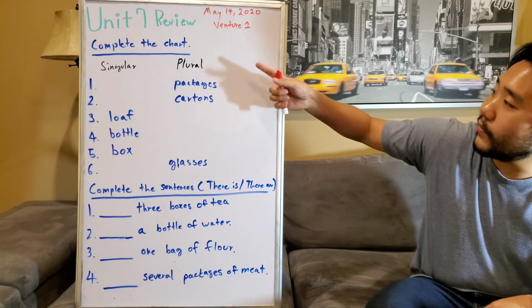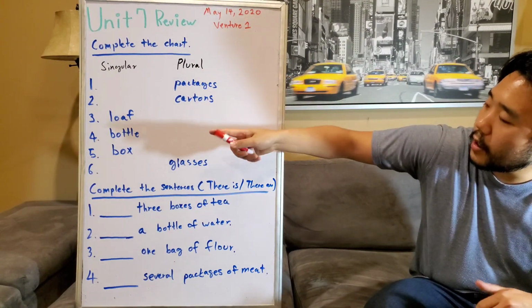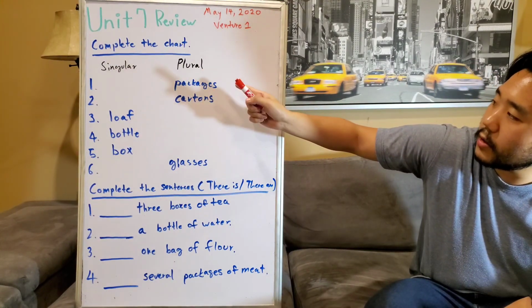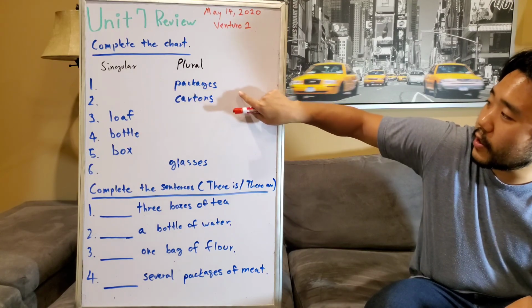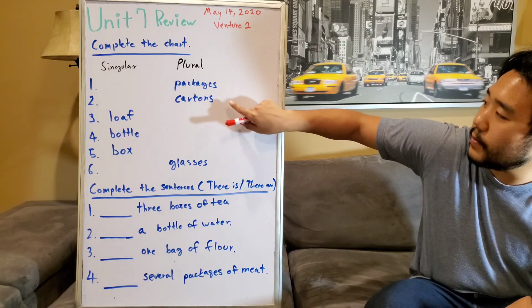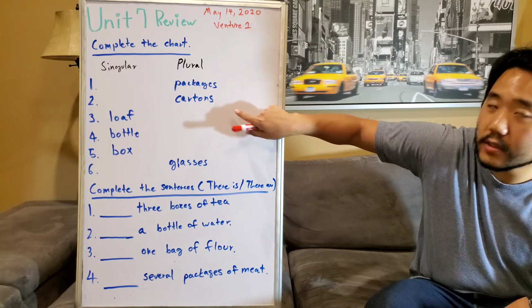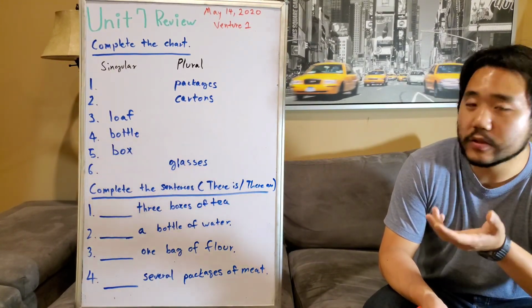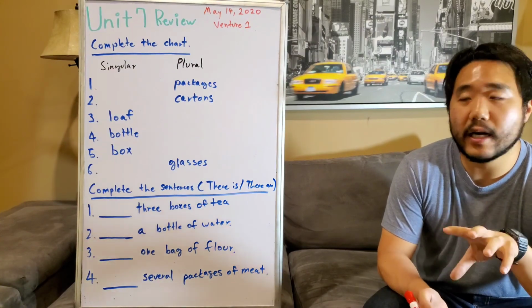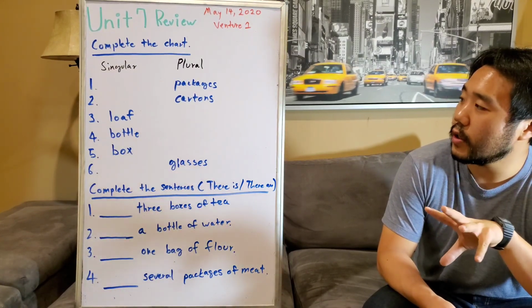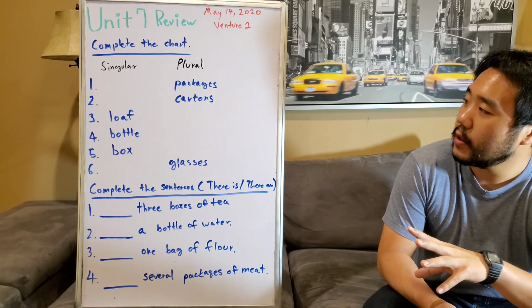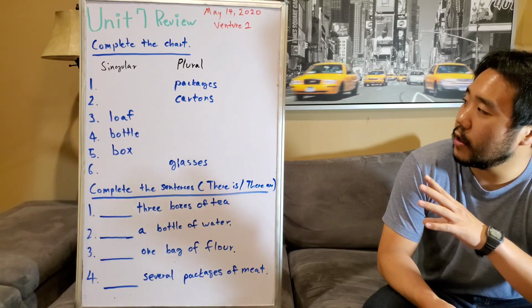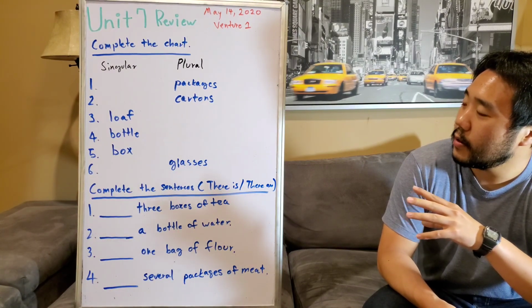So here we have complete the chart. There's a singular and plural form of. So if you see this, packages, cartons, these are partitives. We use them to count non-count nouns, but I want you to write the singular form or the plural form.